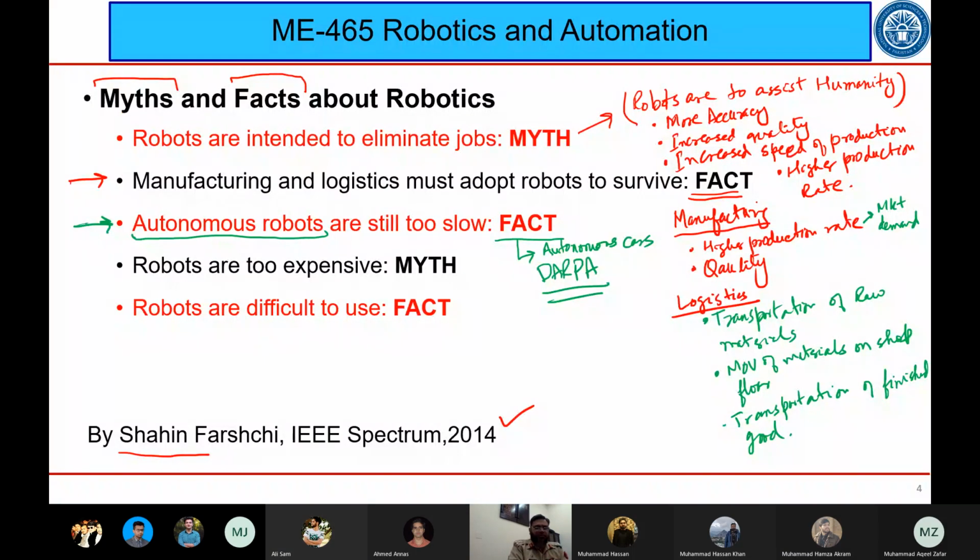So then the next step is another myth, which says that robots are too expensive. Not anymore. The robots are now becoming less expensive, because the technologies have advanced, and the day-to-day problem or assistive robots are not very expensive now.